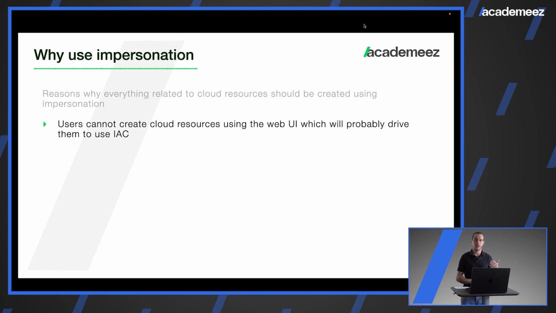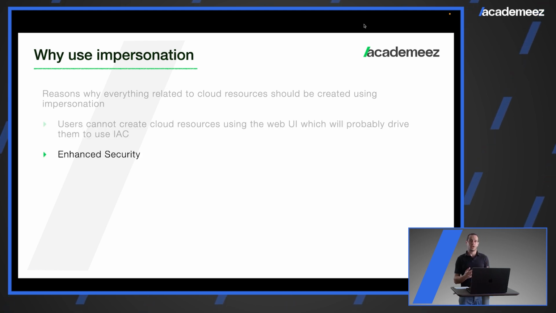So we'll have a good history of our cloud resources, and there are no users going to the web UI, opening cloud resources that we cannot track and cannot later delete or use to save expenses. So the first advantage of using impersonation is our ability to control cloud resources and eliminate the ability of other users to do things not in our infrastructure as code project.